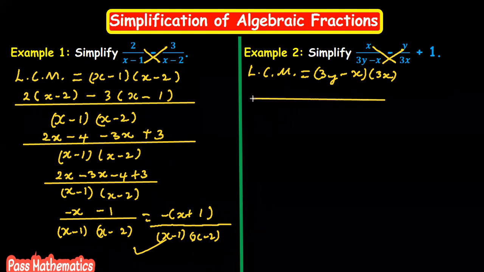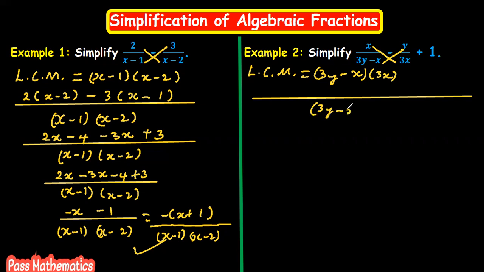This is our division sign. Okay. So here we have the LCM. We are going to write it under. This is the LCM, 3y minus x, and then 3x here. So this will multiply this, so that is x brackets 3x, and then this will multiply these two.